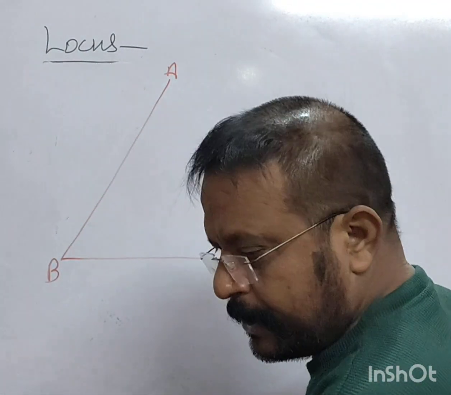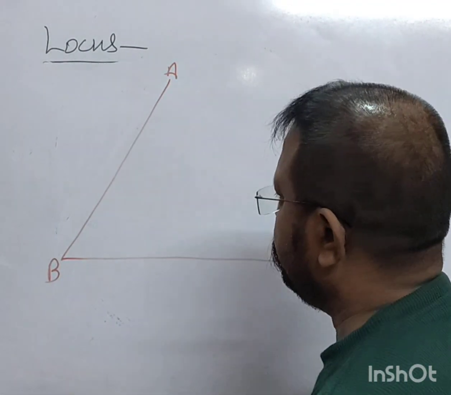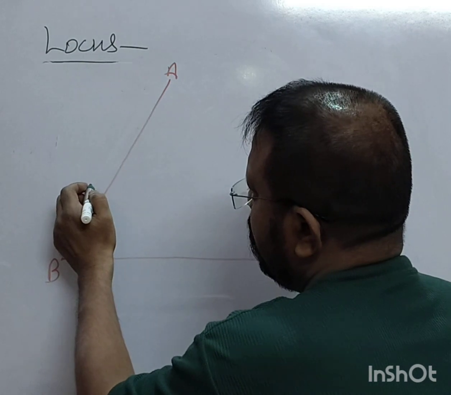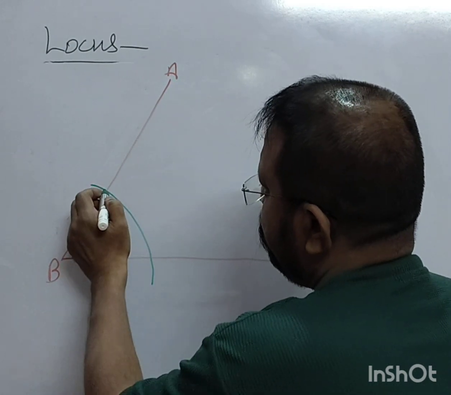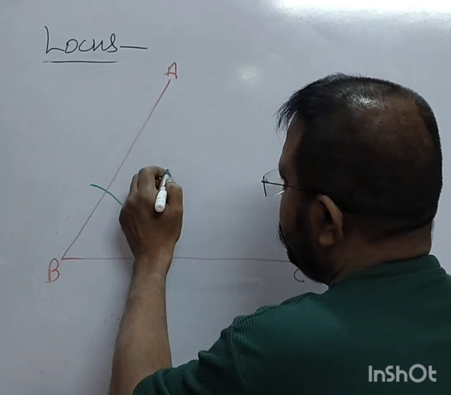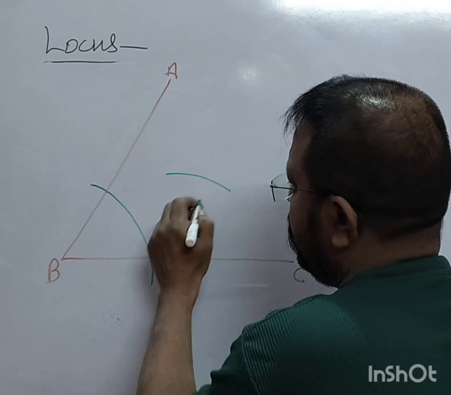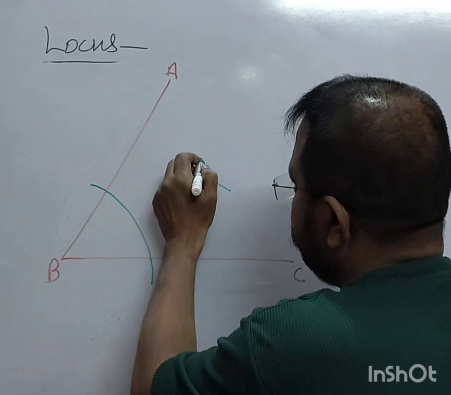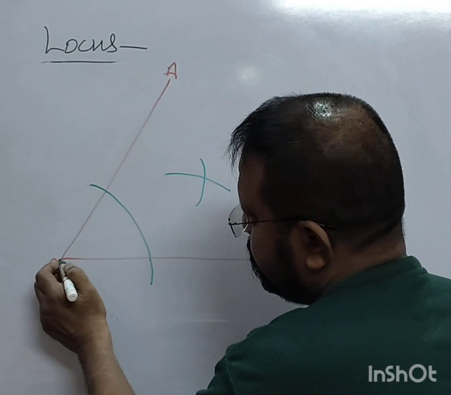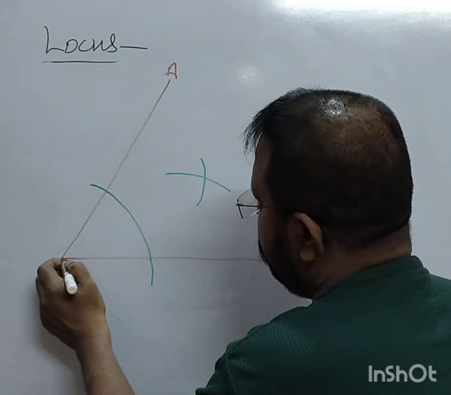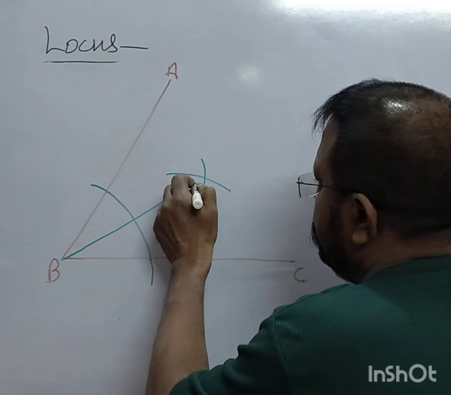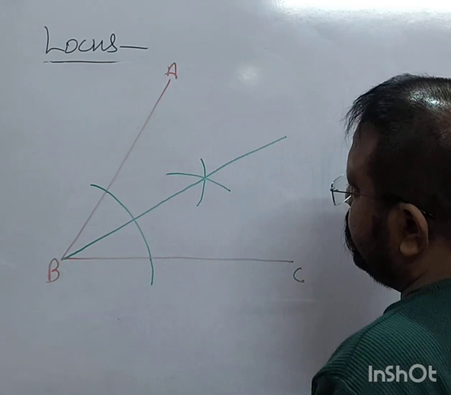You have to take the angle bisector. You take an arc from here, then you put the compass here, and you put an arc here, you put the compass here, you put an arc here, and this is the angle bisector. This is the angle bisector, right?